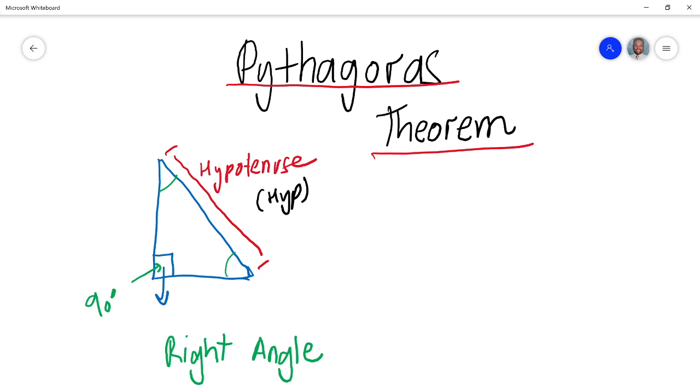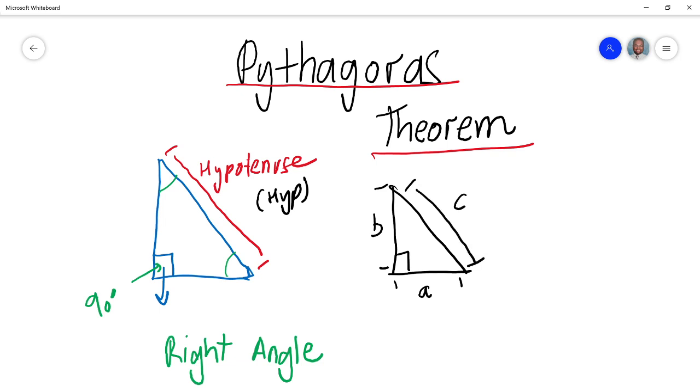Now, Pythag simply states the following theorem, and I'm just going to redraw this triangle again so you can understand what I'm saying. So imagine that's a right angle triangle, and suppose the distance from here to there is A, and the distance from here to there is B, and the longest side, which is my hypotenuse, is C.